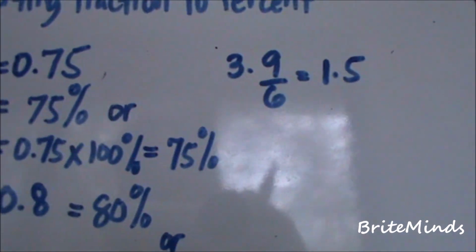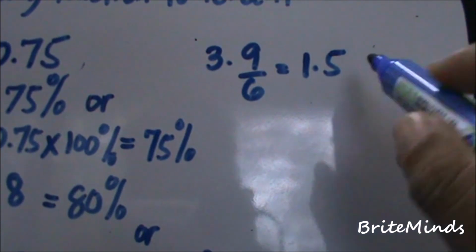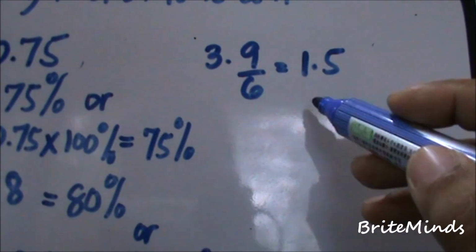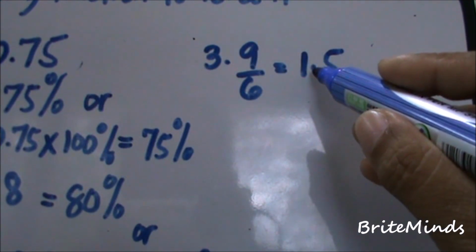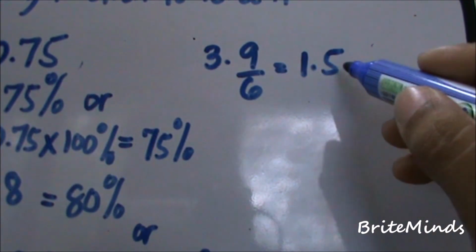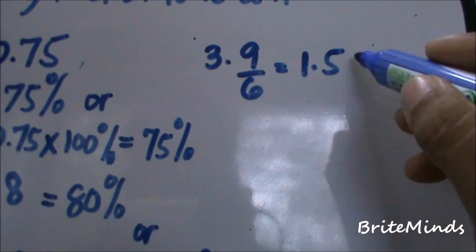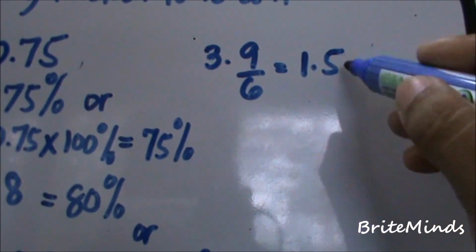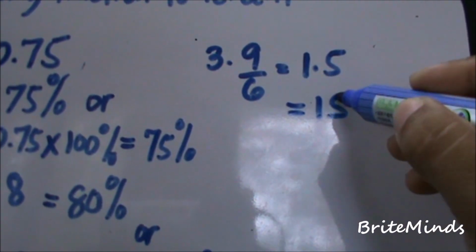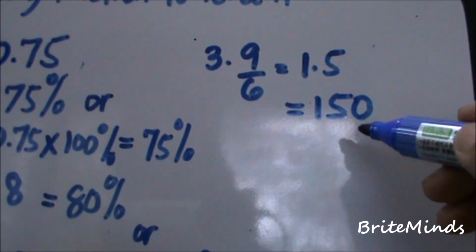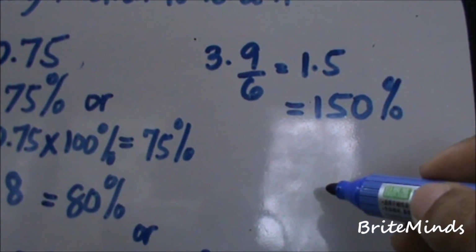So last example. Okay, so we have here 1 and 5/10 or 1.5. So simply move the decimal point 2 places to the right, 1 and 2. Then we need to add an additional 0, so it will look like this: 150%.